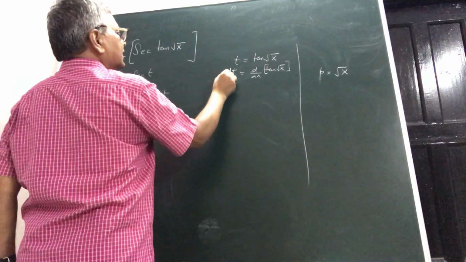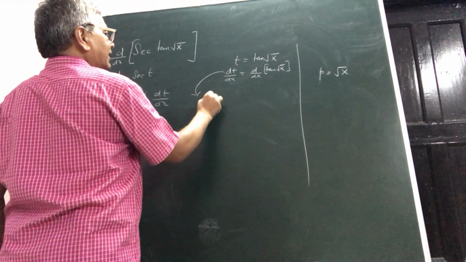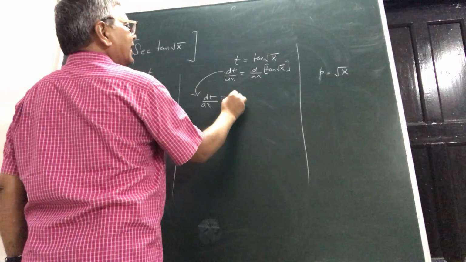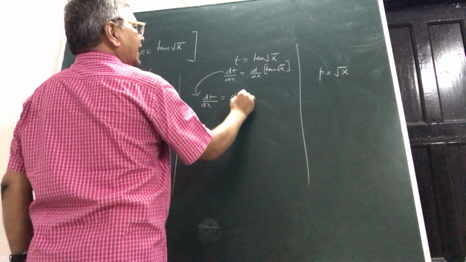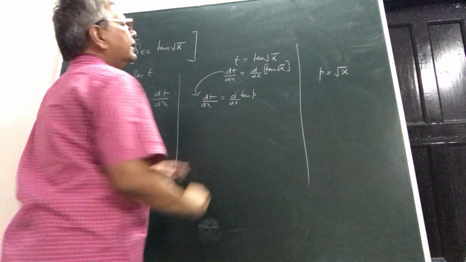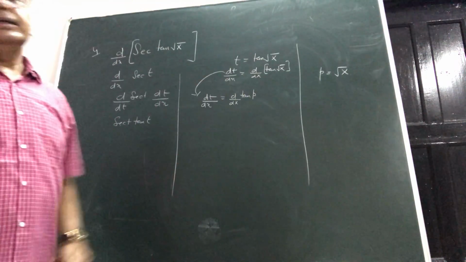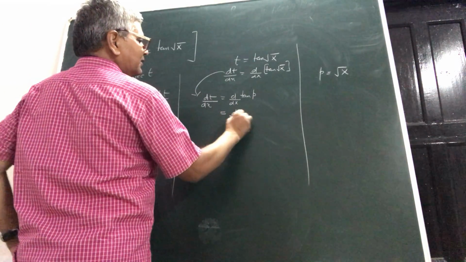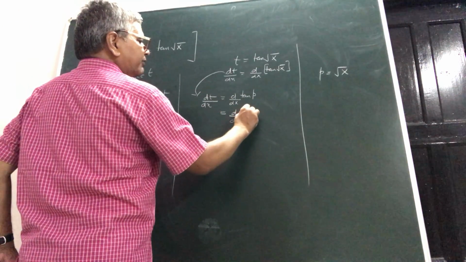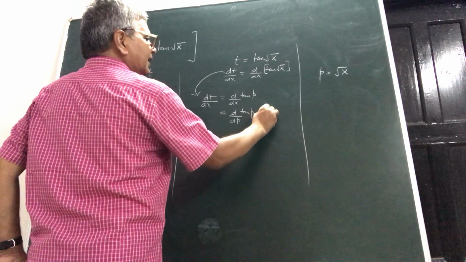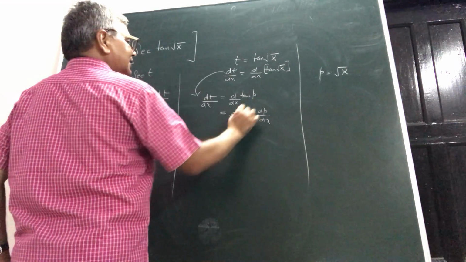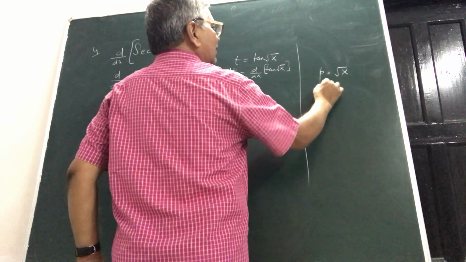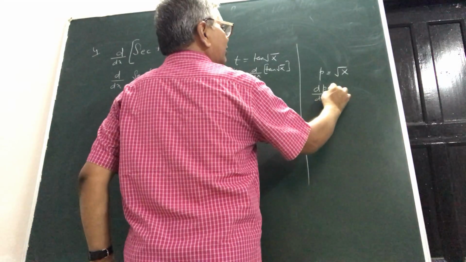So dt by dx will become d by dx of tan p. At the place of root x, you write p. And this, again by the chain rule, will become d by dp of tan p into dp by dx. The derivative of tan p is sec square p. And dp by dx you will calculate from here.